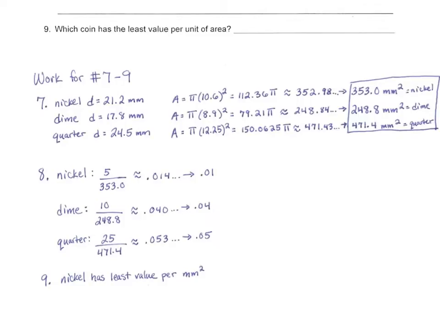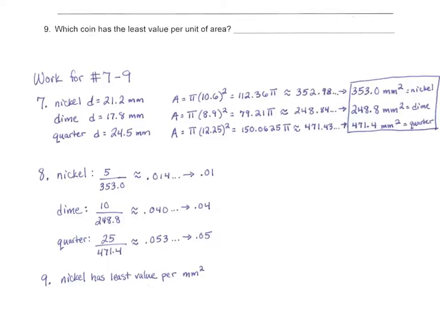So notice I've placed one extra decimal value to the right of the tenths place. So that can tell me whether I'm rounding up, which I am in this first for the nickel, or whether I'm staying at the tenths place that's already there, which I am in the case of the dime and the quarter. So there's my area values for 7.